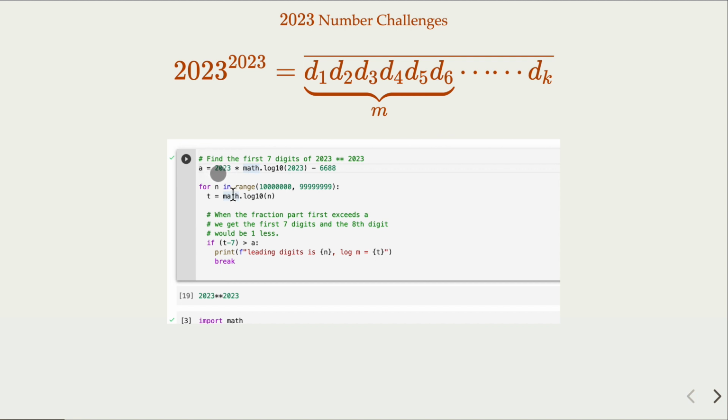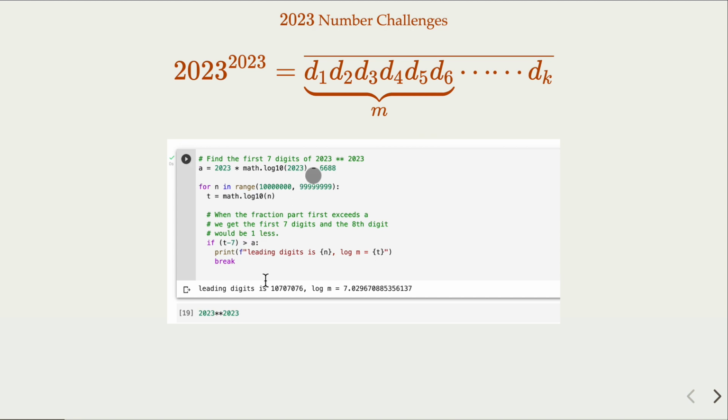This is the target value, the fraction part, minus 6688. Since we try to find 7 digits, we use 8 digits here and take the logarithm. Since this is 8 digits, minus 7 would be greater than the fraction part. The first crossover would be the value.